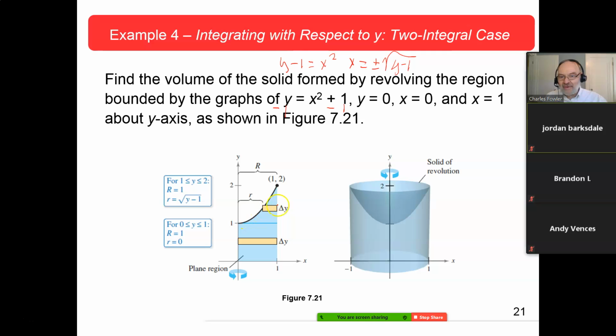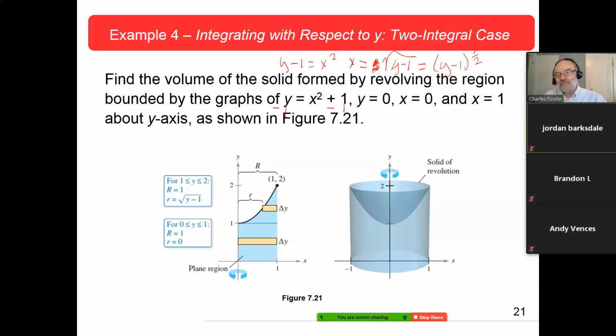But you're here in the first quadrant only, so you don't need the minus sign. In fact, you don't need the plus or minus. It's just x is equal to square root of y minus 1. Now, for my purposes, I'd rather write this as y minus 1 to the 1/2 power. That will be far easier to deal with once we're doing our integration.